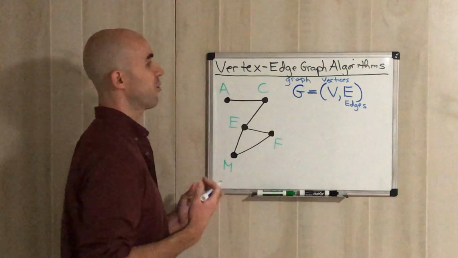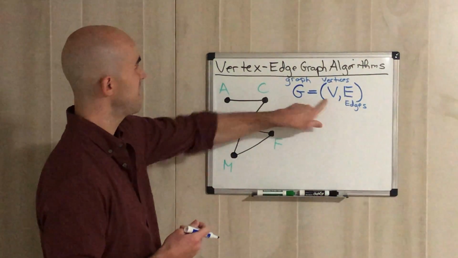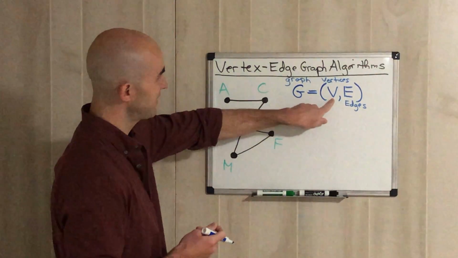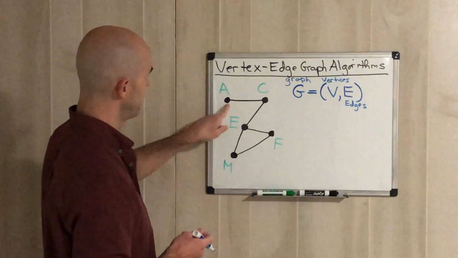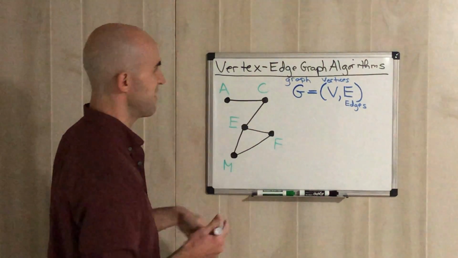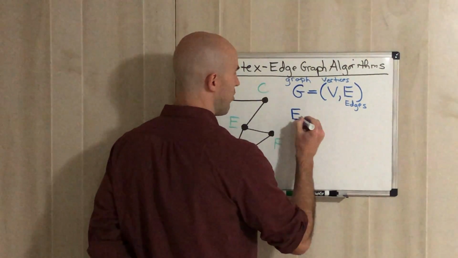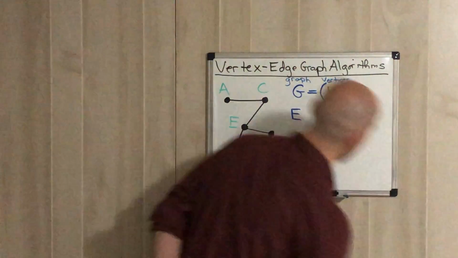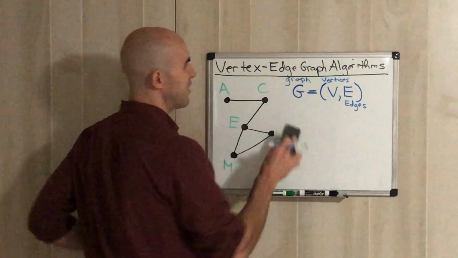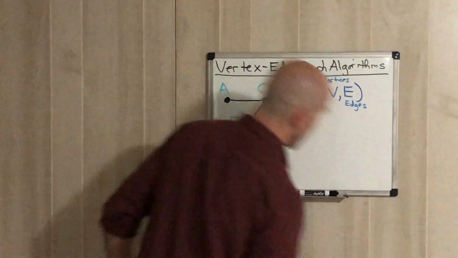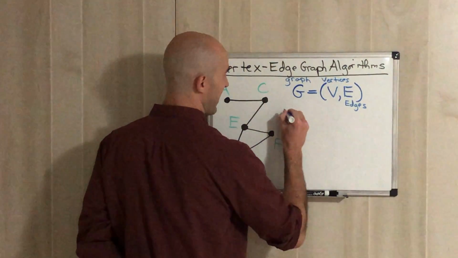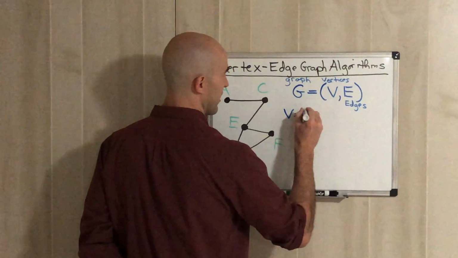And then, whenever we have that, we know that a graph is made up of two things. It's made up of vertices, and it's made up of edges. It's made up of all the vertices and then all of the edges. So we have to represent that as well. The first thing we're going to start with in the graph is the vertices. And if we're talking about the vertices, it's a lot easier than you think.